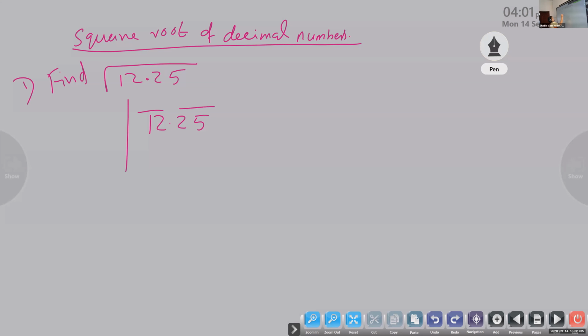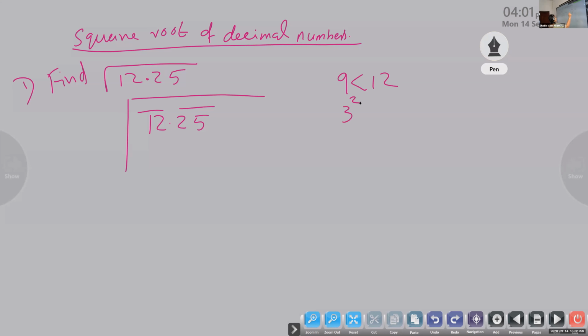Then the same procedure. Find the number under the first bar. It is 12. A number less than 12 which is a perfect square, which is that number? 9, 3 square.